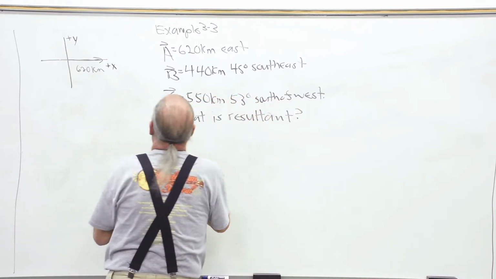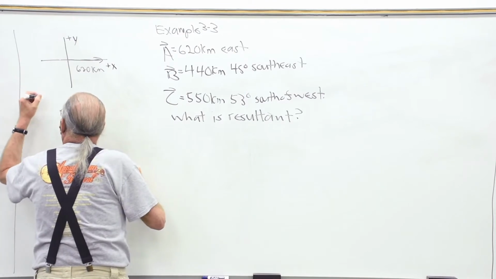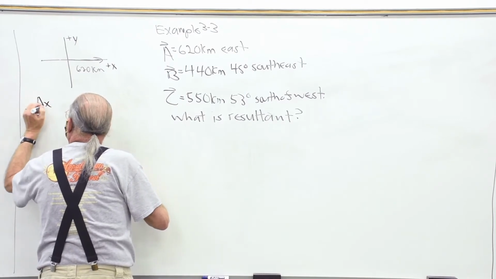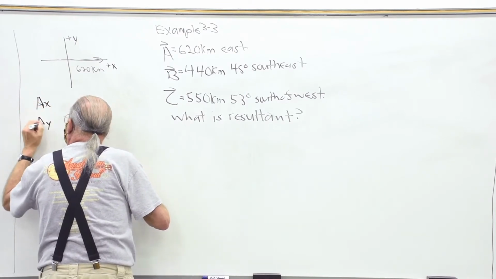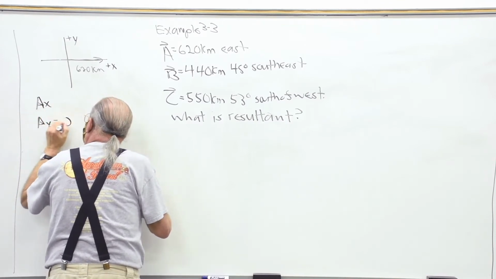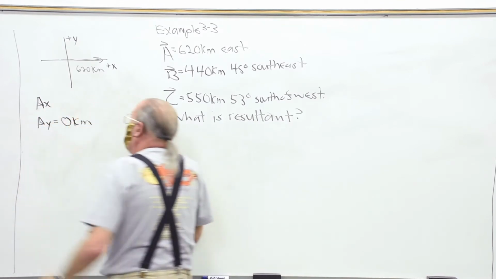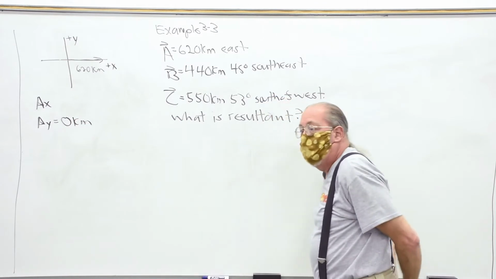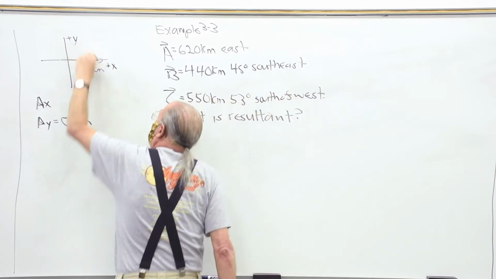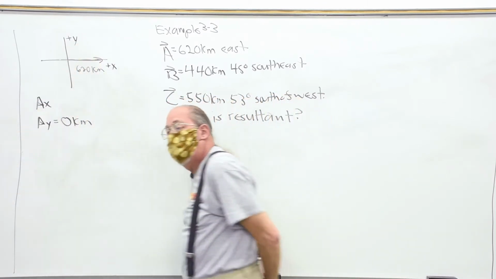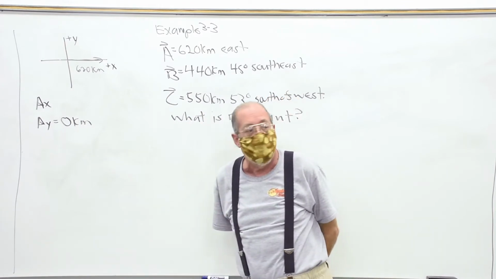Well, looking at this, we see that AX and AY is 0 kilometers. By inspection, it has no north or south component. Just by looking at it, no math required.